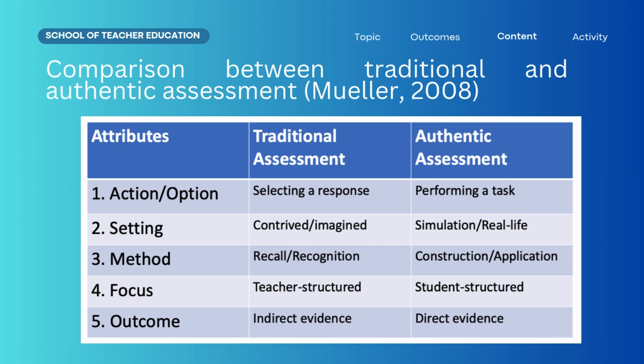And because it is just a recall or recognition type, it's still considered indirect evidence. However, for authentic assessment, it is direct evidence because we can check whether the students were able to understand the instruction and were able to demonstrate the skill we ask them to do.